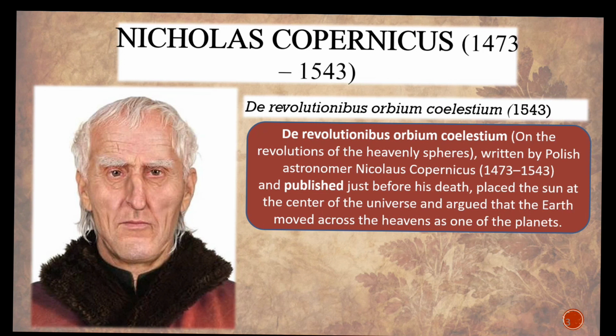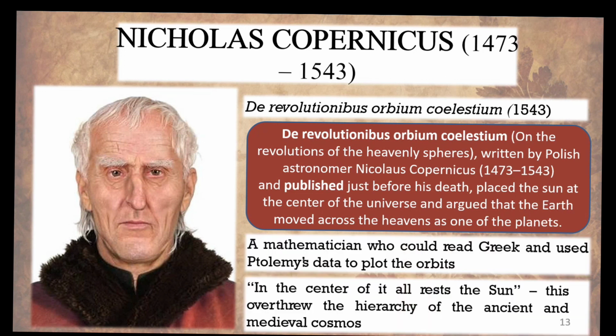With Copernicus, the sun is the center of the universe, and he argued that the Earth moved across the heavens as one of the planets. He is a mathematician who could read Greek and use Ptolemy's data to plot the orbits. So he improved the work of Ptolemy. In the center of it all rests the sun. This overthrew the hierarchy of the ancient and medieval cosmos.